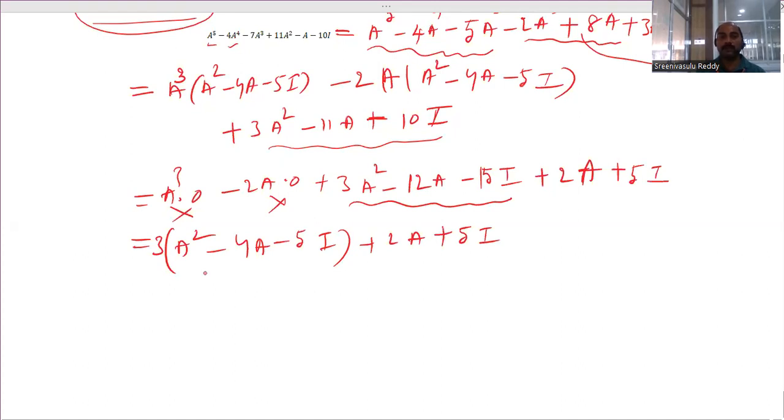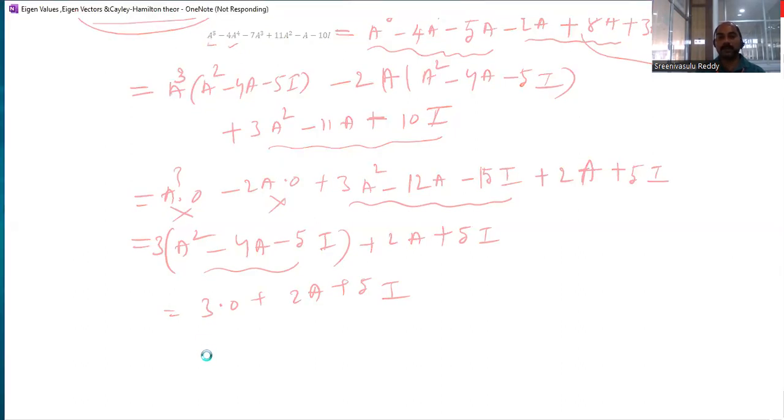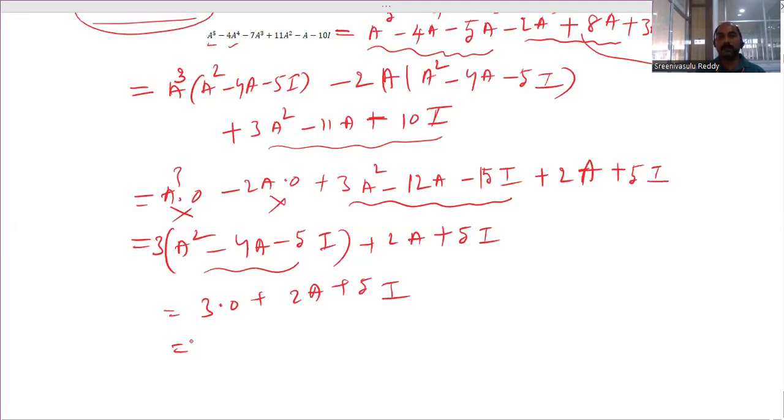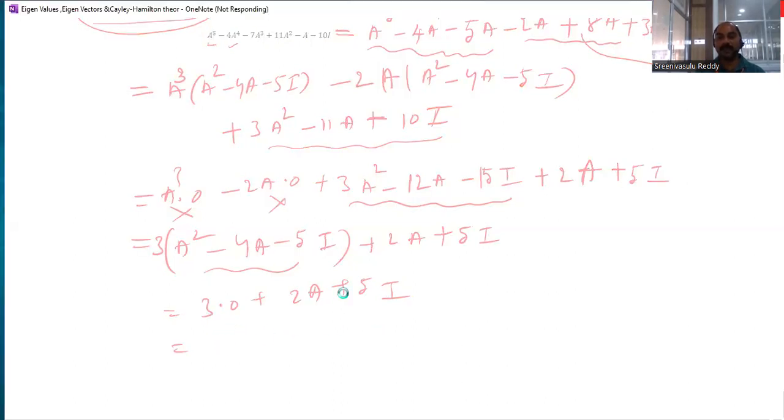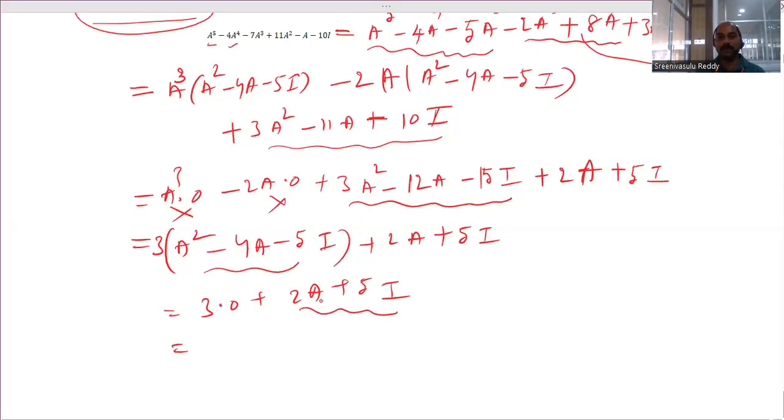This value is 0. 3 into 0 plus 2A plus 5I. That implies 3 into 0 equals 0: 0 matrix into 0 equals 0. Here it is not ordinary multiplication, it is matrix multiplication with a scalar. 0 matrix into some other matrix equals the same matrix. That's why we are left with 2A plus 5I.